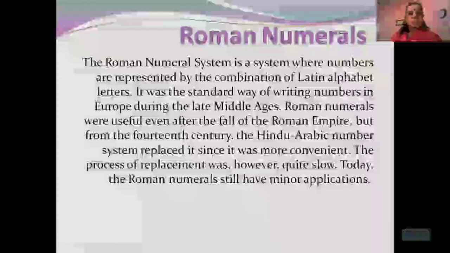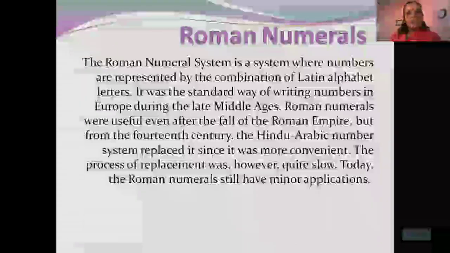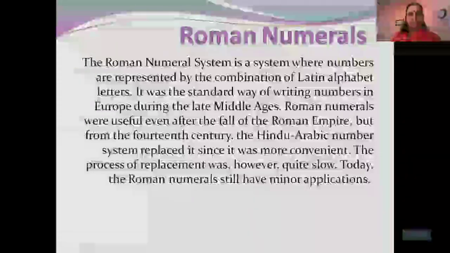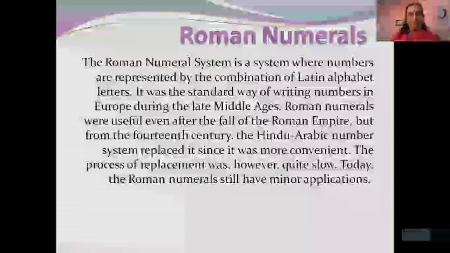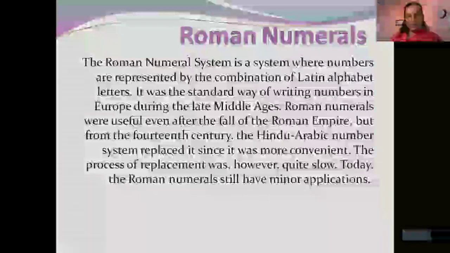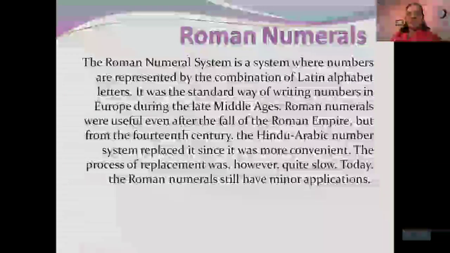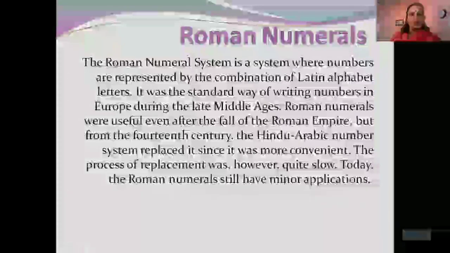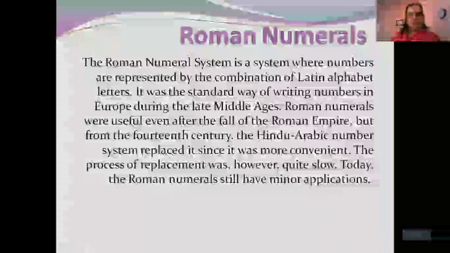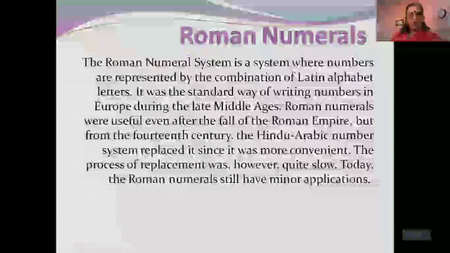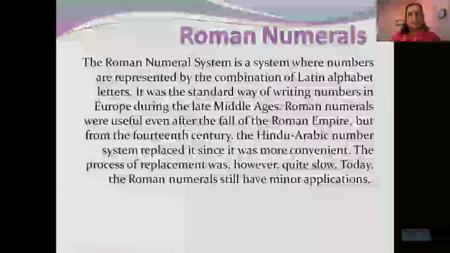Roman numerals were useful even after the fall of the Roman Empire, but from the 14th century, the Hindu-Arabic number system replaced it since it was more convenient. The process of replacement was, however, quite slow. Today, Roman numerals still have minor application.